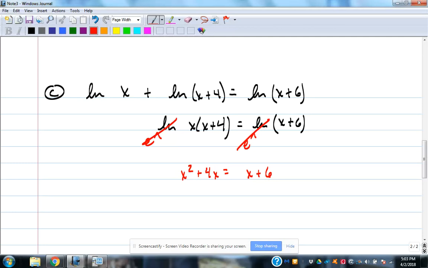Okay? Now, to solve this, what do I have to do? Get it equal to 0. So subtract x, subtract 6. That's going to be x squared plus 3x minus 6 equals, not minus. I miscopied the problem. So that's a minus 4. It's right there. It's minus 4. So it's minus 5x. That's the only way this is going to work.